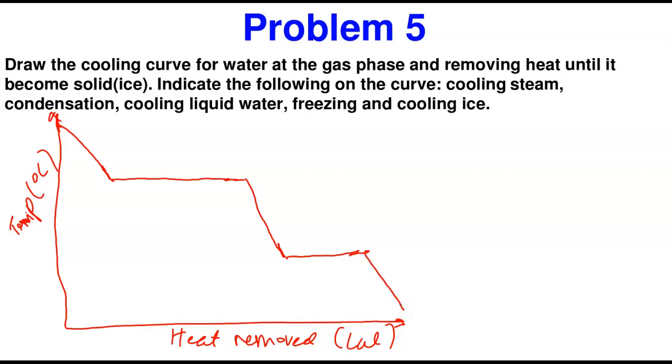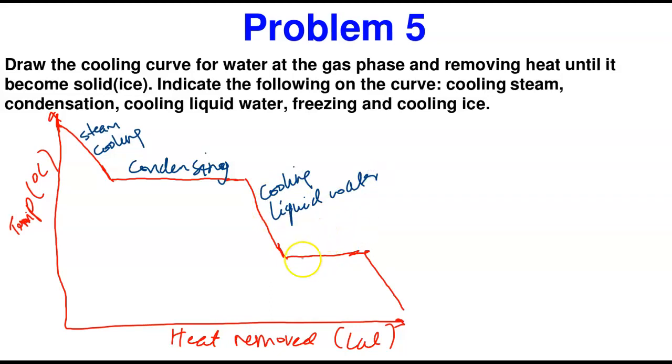So let me use a different color. This is steam cooling. You're cooling the steam here. Then here you're now beginning to condense it. You're condensing steam, and at this point you're now beginning to cool liquid water. You're cooling liquid water. At this point you are freezing.